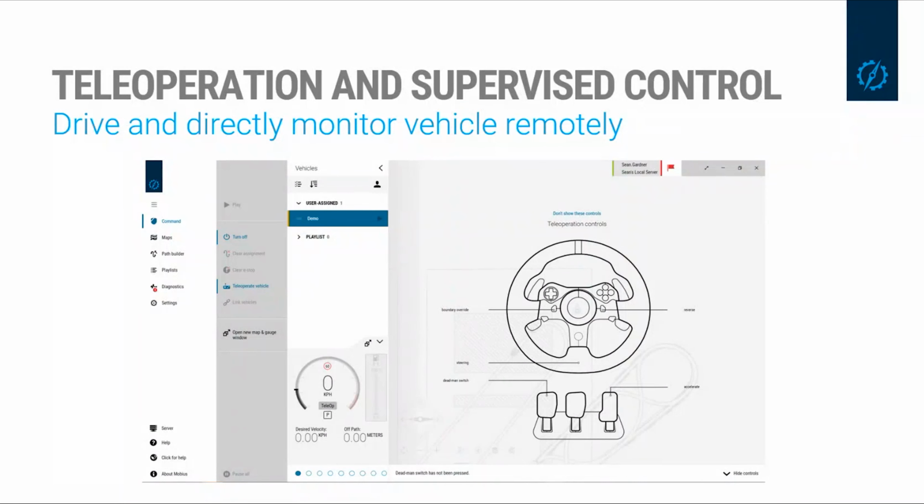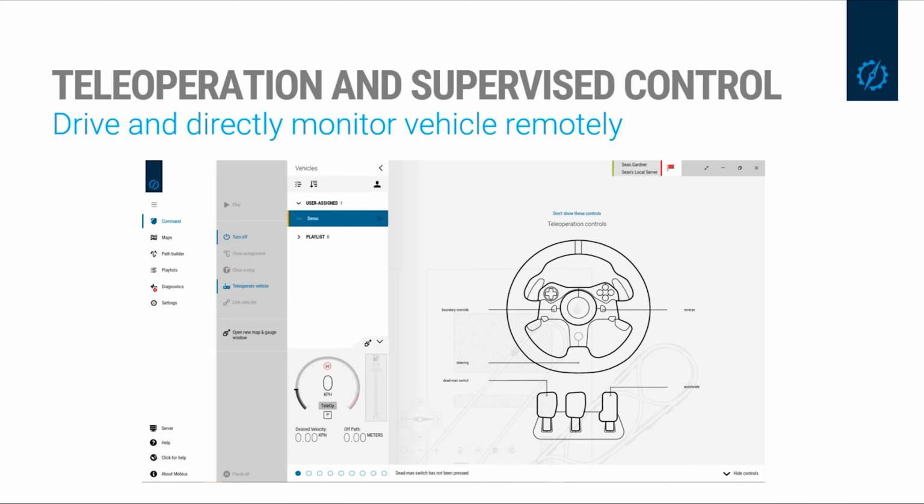But Mobius uses a dead man switch to allow for operation. If you notice, the clutch pedal in this case is designated as the dead man switch. If that switch is released, the vehicle will come to a very quick stop, so the user can engage or disengage at their will. This dead man switch also creates another unique opportunity in Mobius, which is that we have supervisory control.